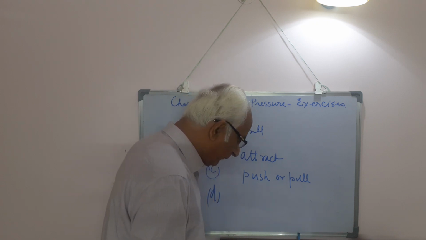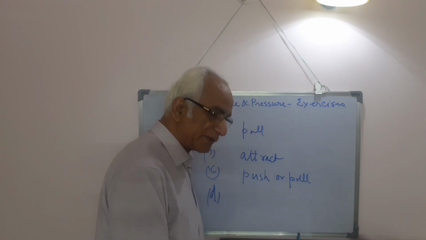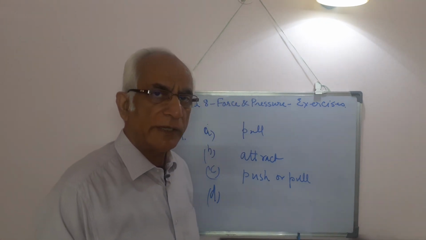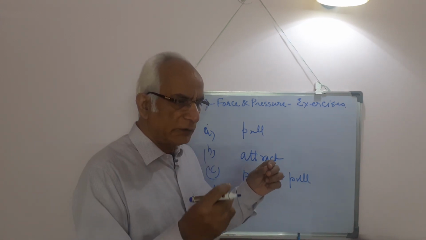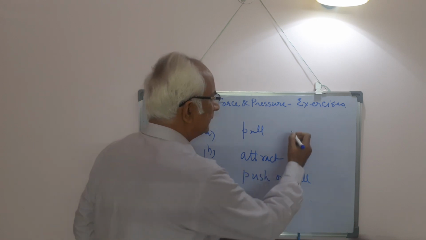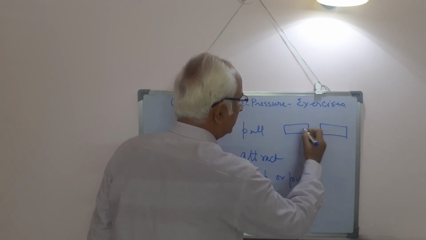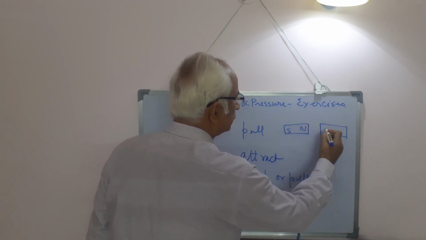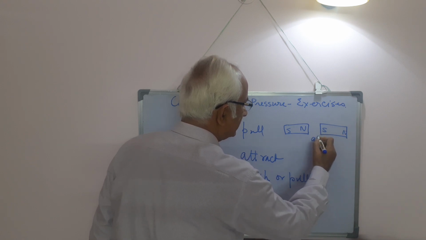D. The north pole of a magnet repels the north pole of a magnet. Magnetism, if you recall, when we read about magnetism, I told you that if you bring two magnets near each other, let us say this is one magnet and this is another magnet. This is north pole, this is south pole. This is north pole. Unlike poles attract.